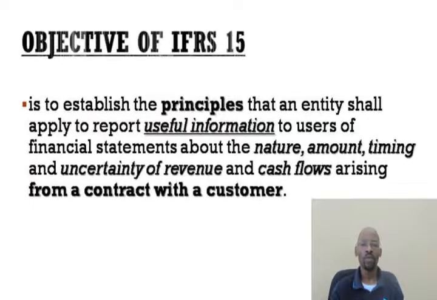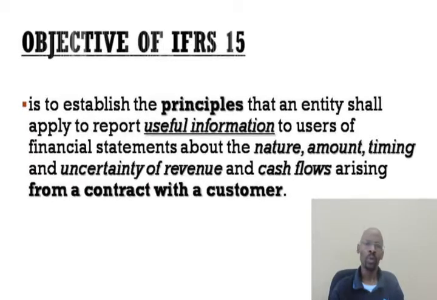Okay, if we move to the objective of IFRS 15, it is to establish the principles that an entity shall apply to report useful information to users of financial statements about the nature, the amount, timing, and uncertainty of revenue arising from contract with customers.